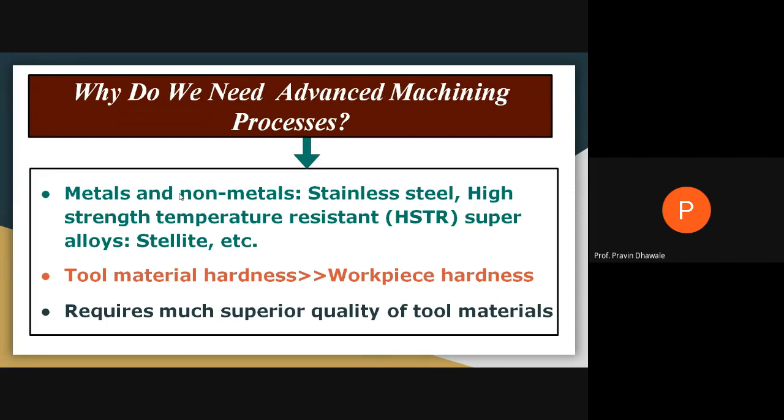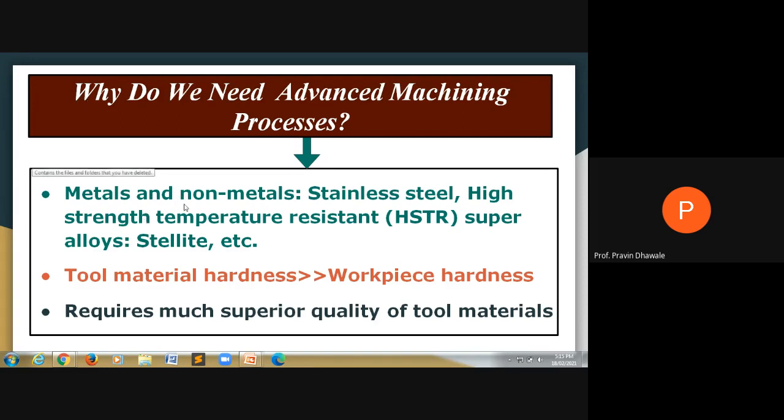As we know, tool material requires very high hardness in order to remove material from a workpiece which is highly hard. If we require a superior quality of tool material or high quality of surface finish, at that time you go for the advanced machining process.